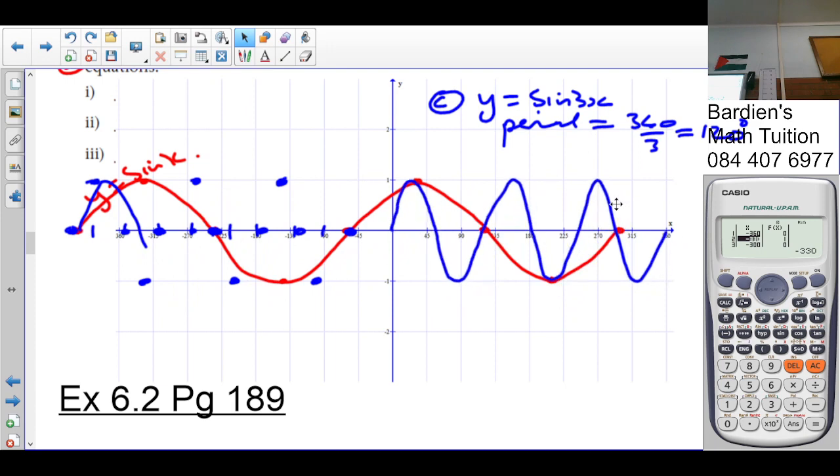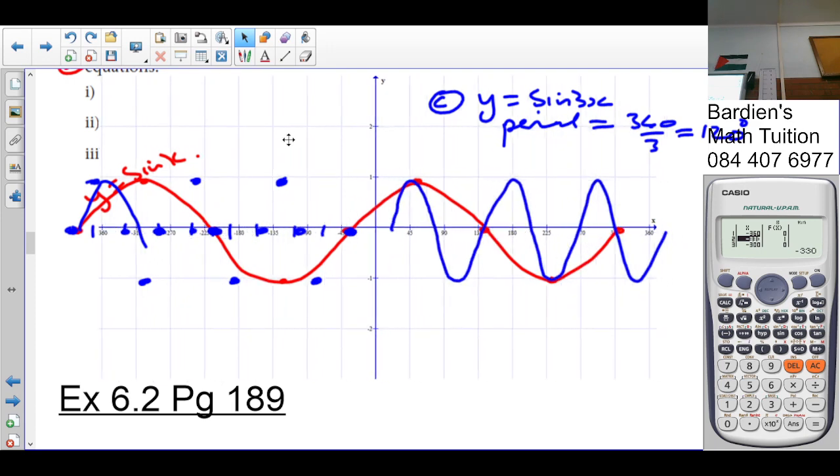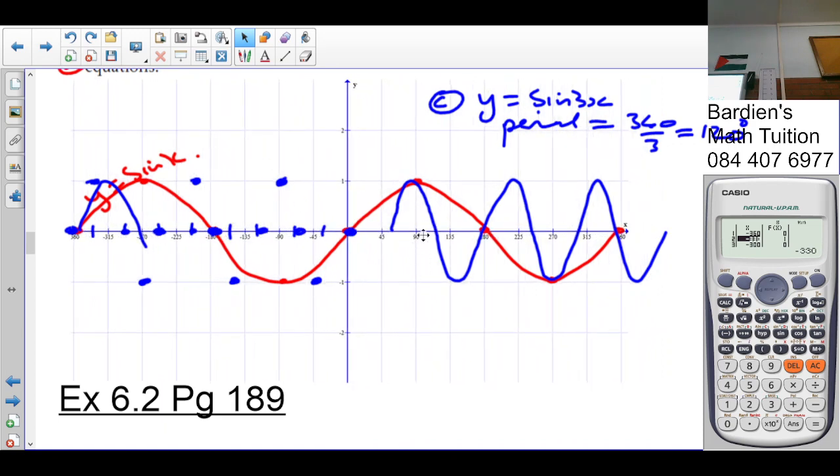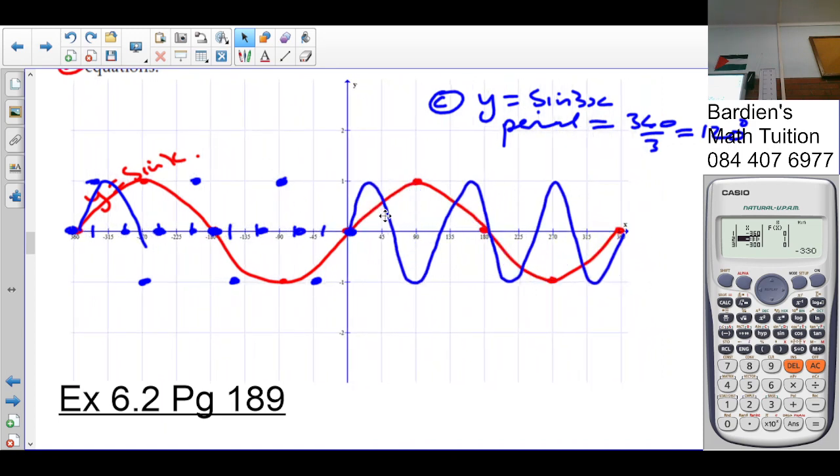On that side you're going to get the same. Okay, and you see it completes 3 cycles in 360. You guys understand? So that is just what they wanted you to show them.